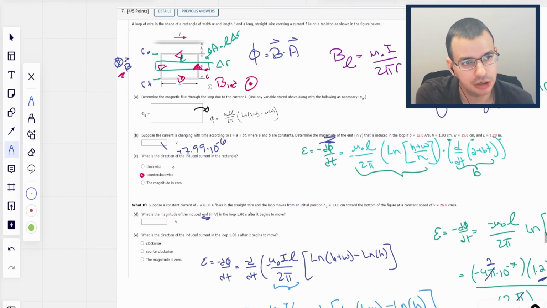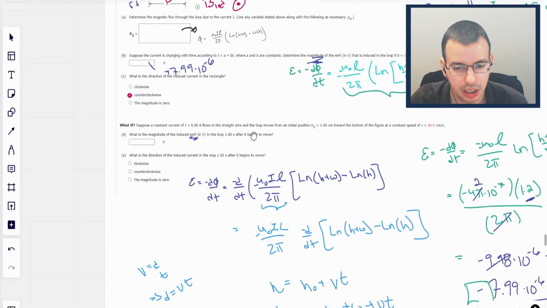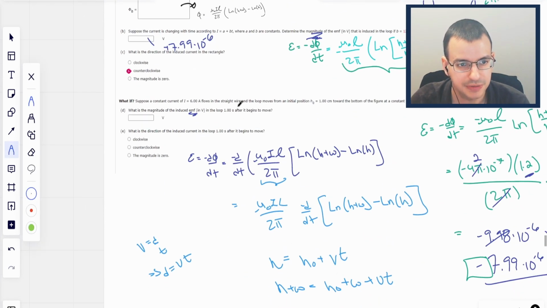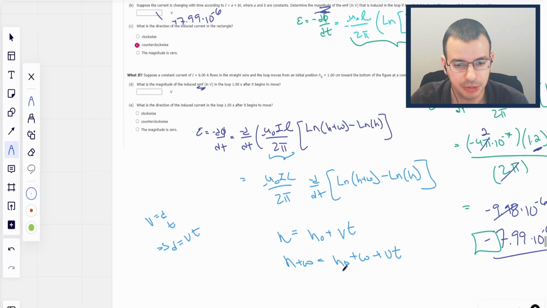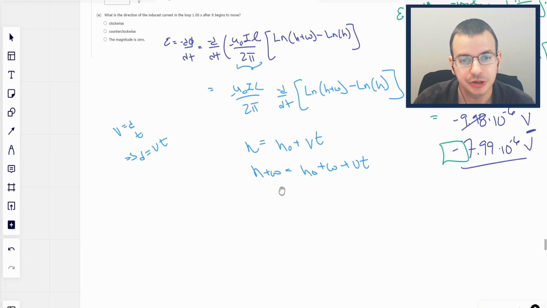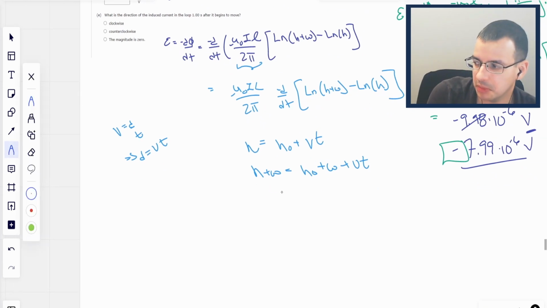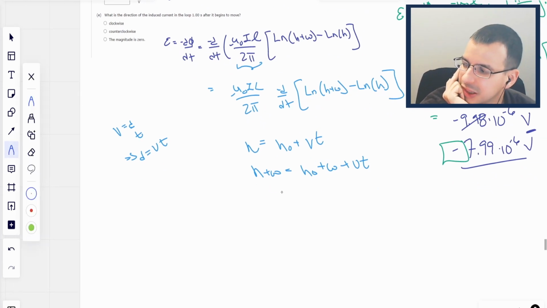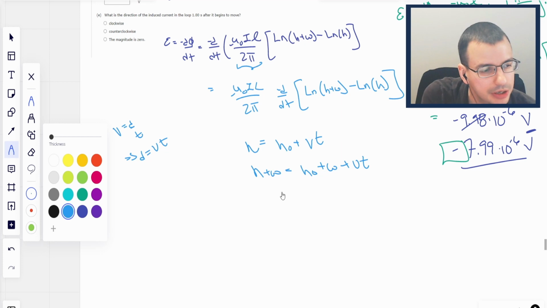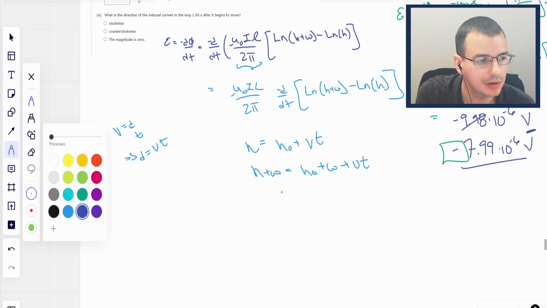So this point here, our initial is going to be h naught plus Vt, and our final is going to be h naught plus w plus Vt. So now we can just plug that in. Can we plug that in? I think so.